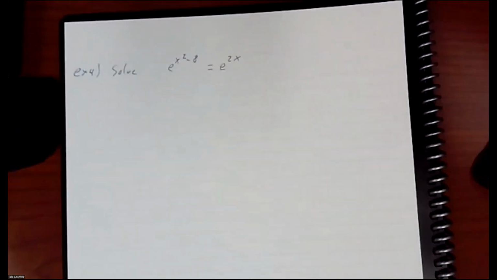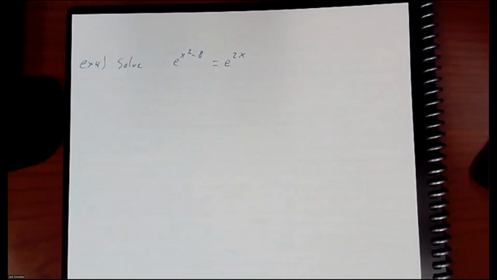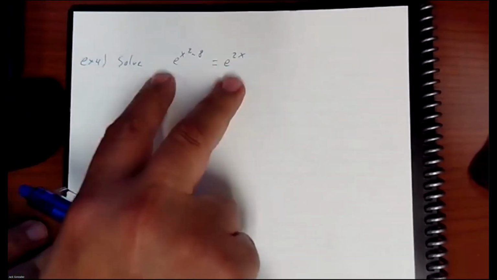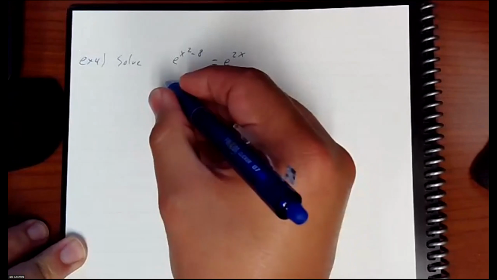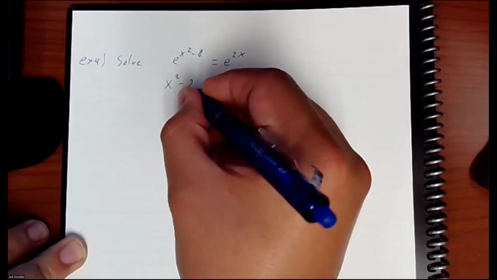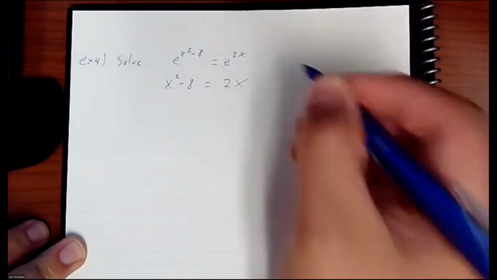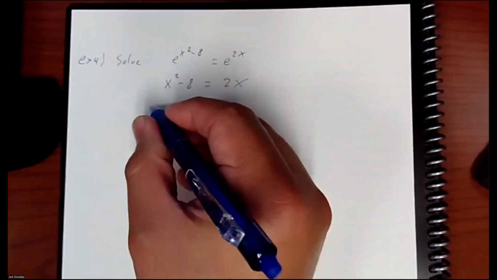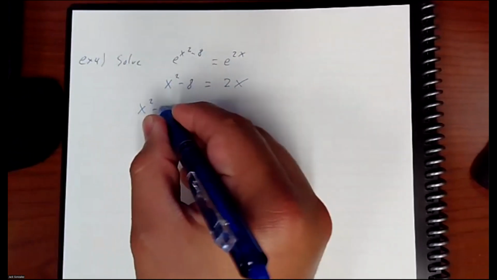So that's e to the x squared minus 8 equals e to the 2x. So the bases already match. So you can just go straight to here. Now we have a quadratic, and in order to solve a quadratic, you have to set it to 0. So subtract the 2x, and we get to here.